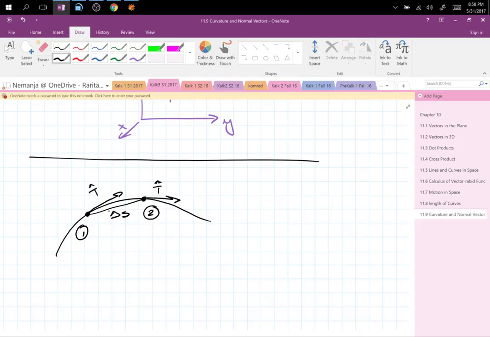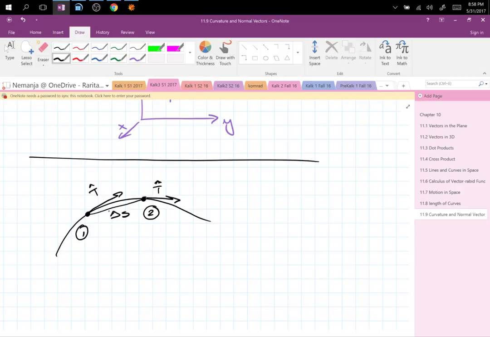They're both unit tangent vectors, so their magnitude is always 1. But everywhere on that curved path, the only thing that is changing is the direction of the tangent vector, and that changes with respect to the arc length, right?